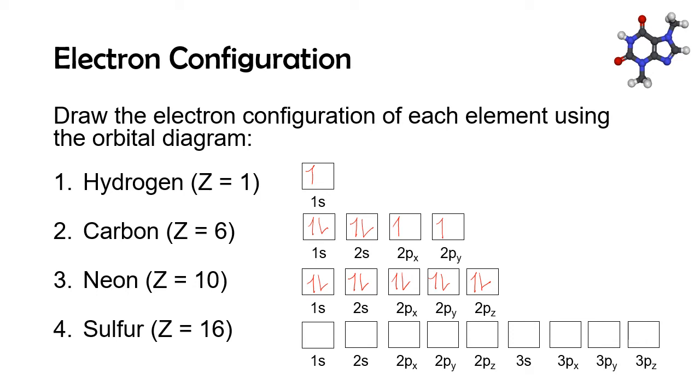So we fill in the lower energy orbitals first. 1s, 2s, 2px, 2py, 2pz, 3s2. This leaves us with 4 more electrons to distribute. According to Hund's rule, we fill each orbital singly first before double filling them. So this is the orbital diagram for sulfur.